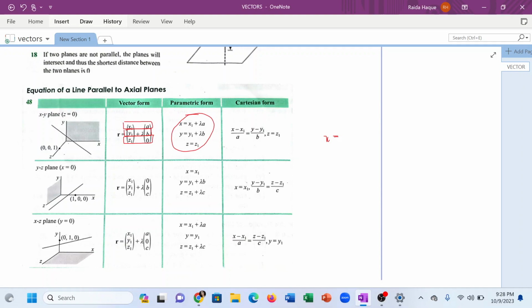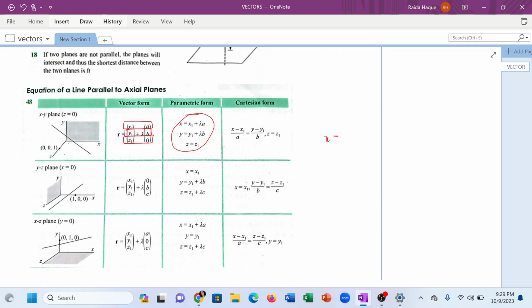If we make lambda the subject, we get x minus x1 divided by a. From the equation of y, if we make lambda the subject, lambda equals y minus y1 divided by b. Since there is no lambda in the third equation, the equation of z, we are left with z equals z1 itself.